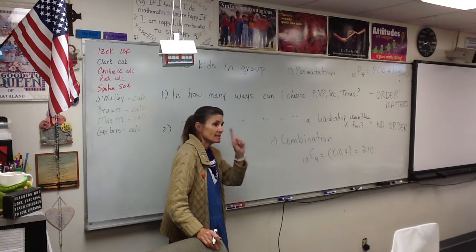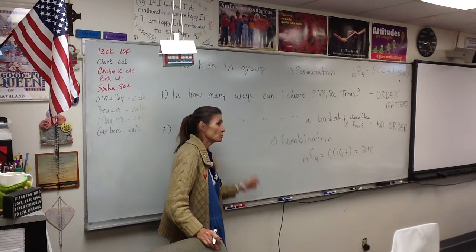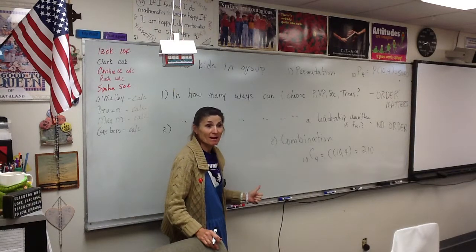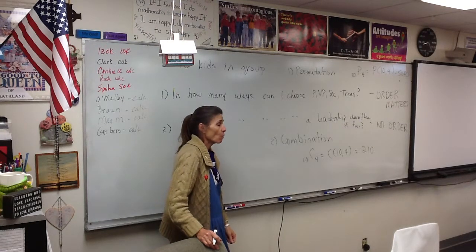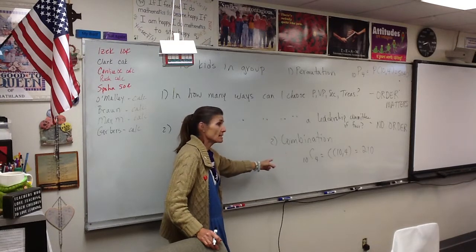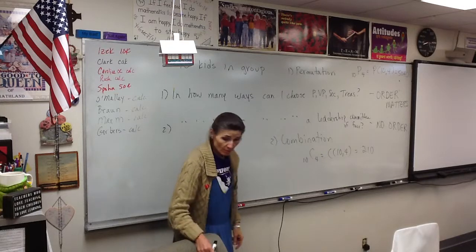The biggest issue most of us have when we're doing combinatorics like this is deciding whether order matters or not. Don't overthink it, use your common sense. If order matters, you're going to do P. If order doesn't matter, you're going to do C. Let me give you another example.